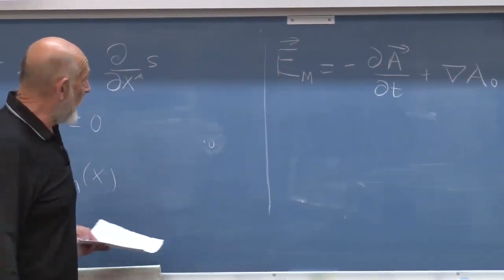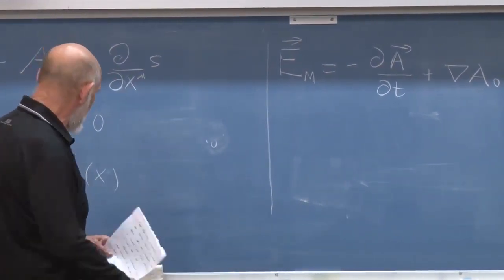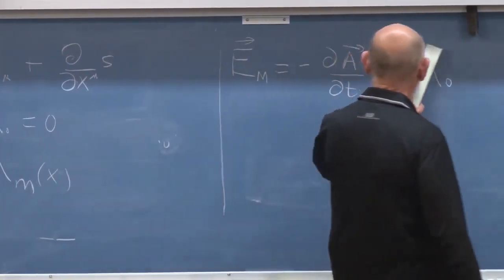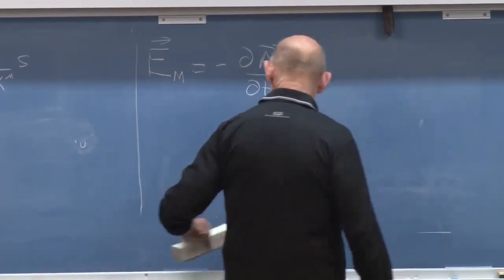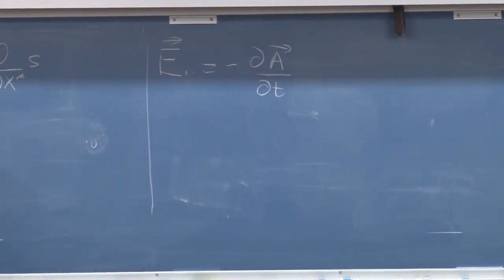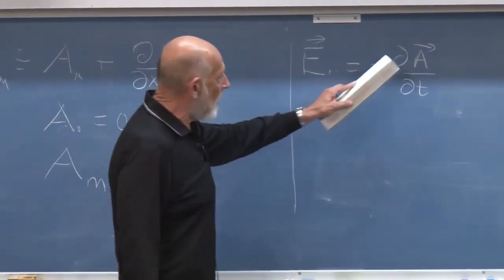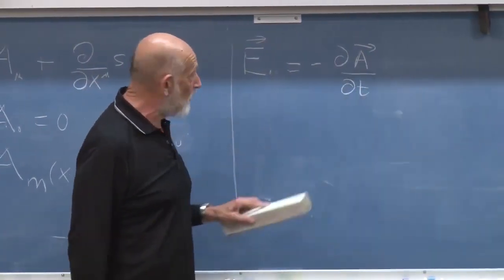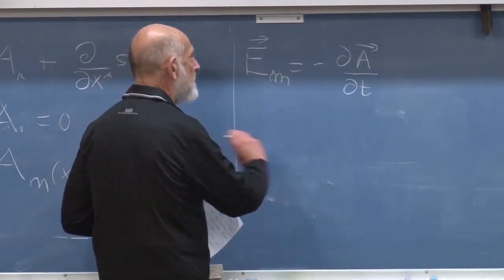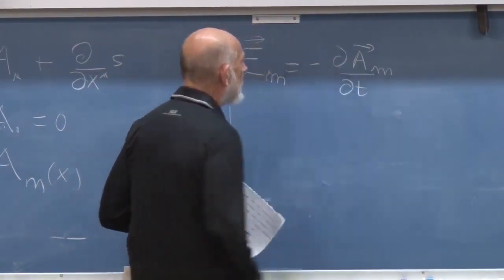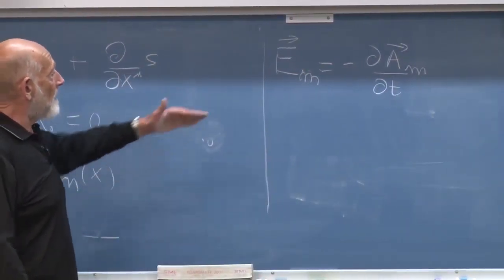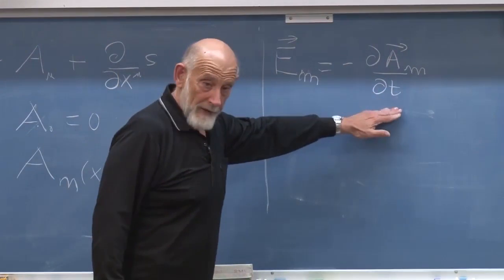But now I've simplified and set A0 equal to 0. A0 doesn't exist anymore. And so the electric field, Maxwell's electric field, is just minus the time derivative of the space component of it. Let's put space indices, m. The electric field is nothing but the time derivative of the vector potential.